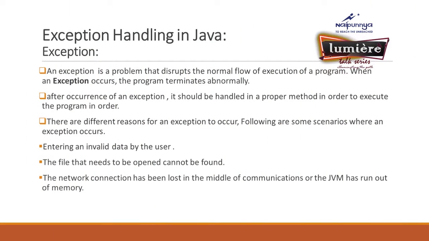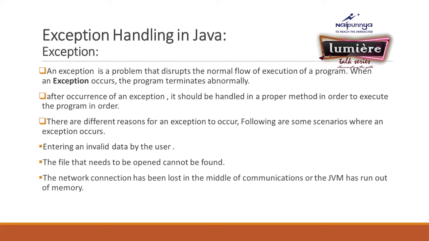A program is a set of instructions, and all the instructions need to be executed in a proper manner. But in between, if an exception happens, the normal execution is interrupted.